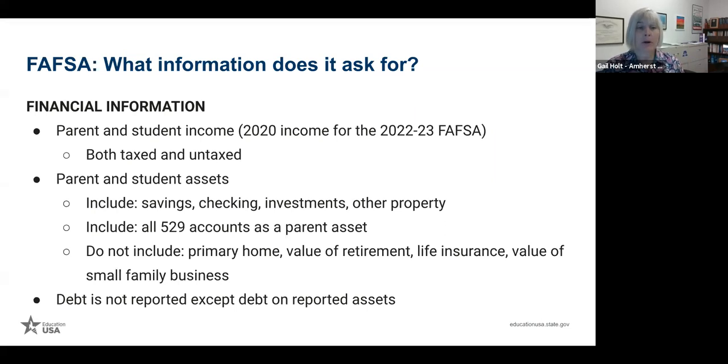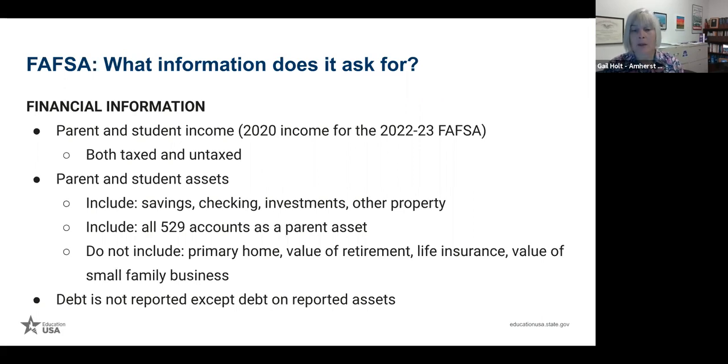And as I started with, that's going to be both taxable as well as untaxed income in the way this information is asked for. And both parent and student assets are also part of the consideration. But unlike the profile, the FAFSA does not include a primary home.